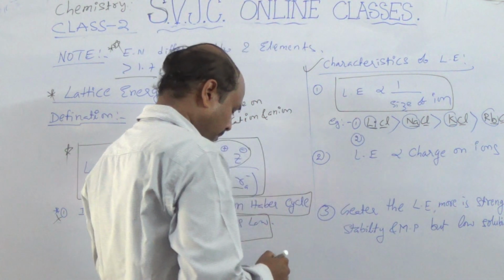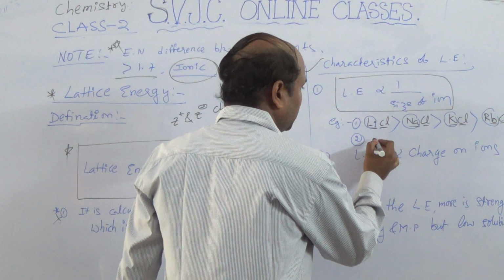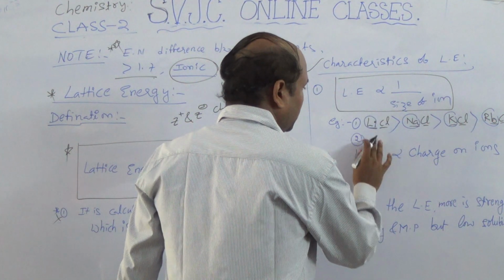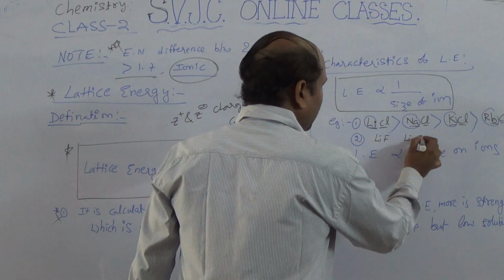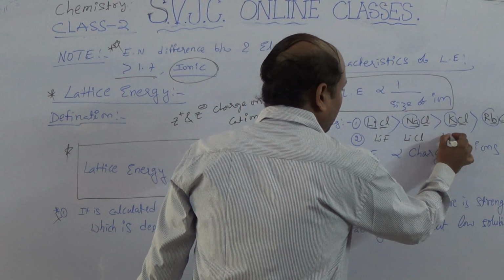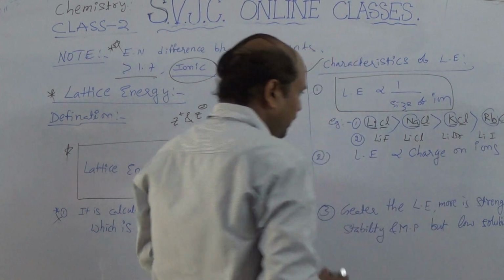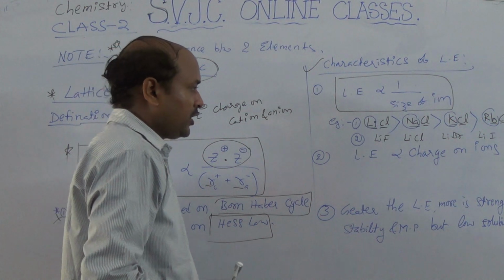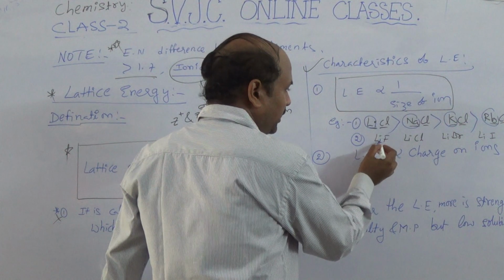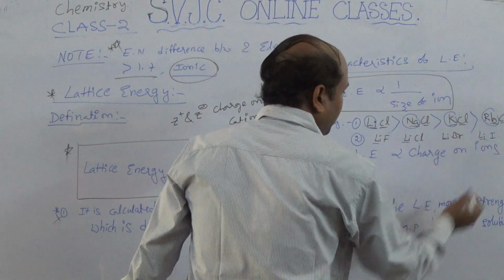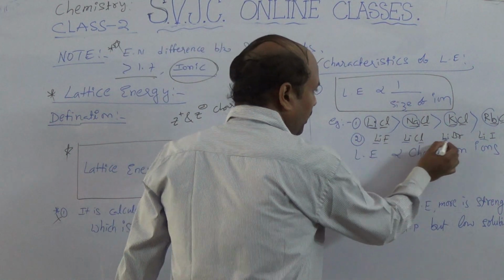Second one is, suppose lithium fluoride, lithium chloride, lithium bromide, lithium iodide. In this condition, observe which one is constant. Lithium is the same in these 4 compounds, and the anion is different: fluorine, chlorine, bromine, iodine.